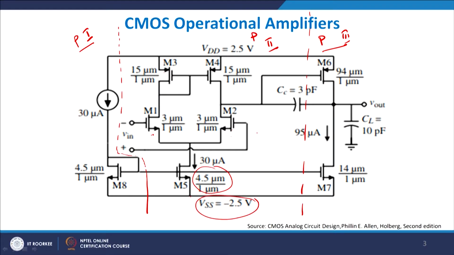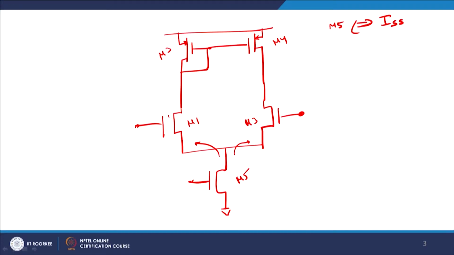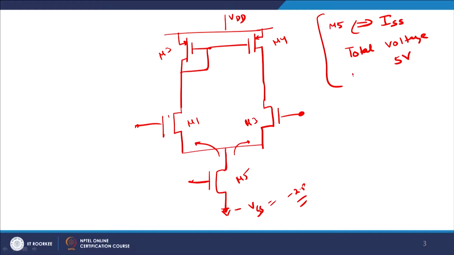So, it is not grounded here, but this is VDD which is plus 2.5, and we have minus VSS which is basically minus 2.5, and therefore, the total voltage available swing available to me is equal to 5 volts, right, and this is the L equals 1 micron technology which people have been using in this case.